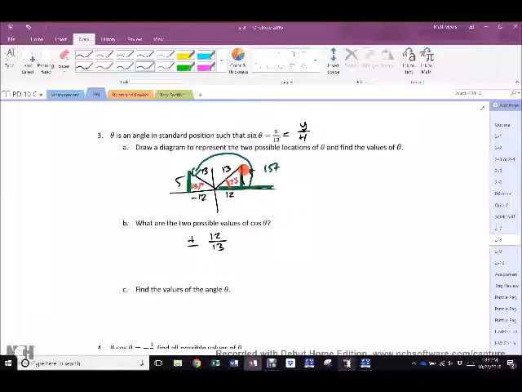Everybody's good? So now, we've already found our two values of theta. Yeah?